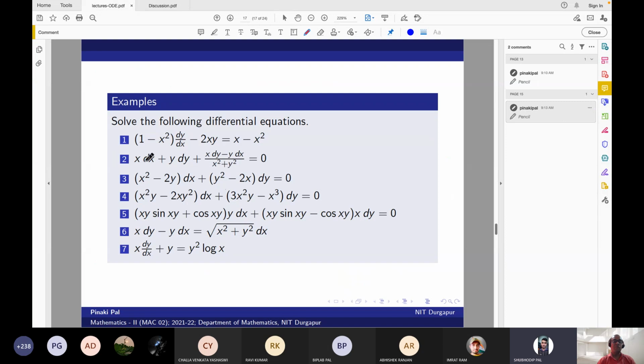And next problem, x dx plus y dy. Try to solve this problem. Second problem: d of xy plus d of tan inverse y by x. Yes, d of tan inverse y by x, sir. Let's see. We have to think a little bit about this term.